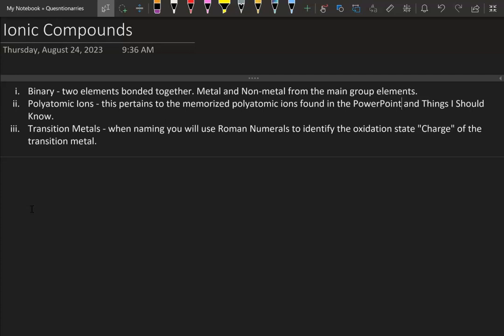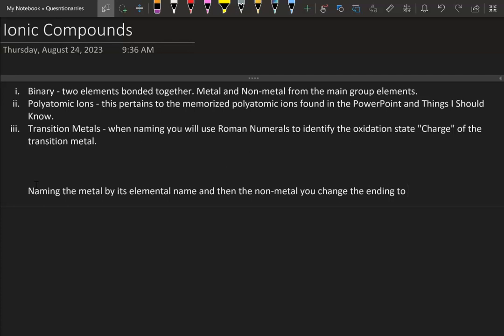So again, when we work with binary compounds, we have to pay attention to just naming the metal by its elemental name, and then the non-metal, you change the ending to IDE. All right.